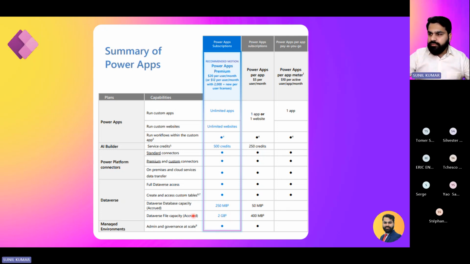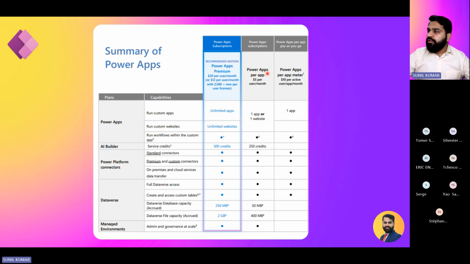Okay, these are not given to specific users to whom the license is allocated, but this is for the tenant. Okay, they will be able to do admin and governance from the managed environment perspective. These premium license holder users will be able to have that capability as well.